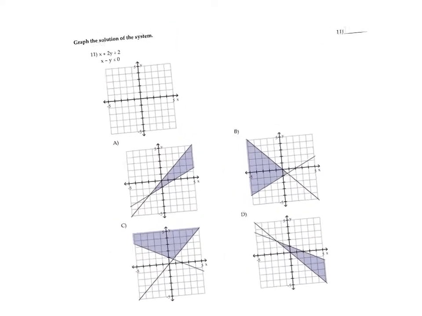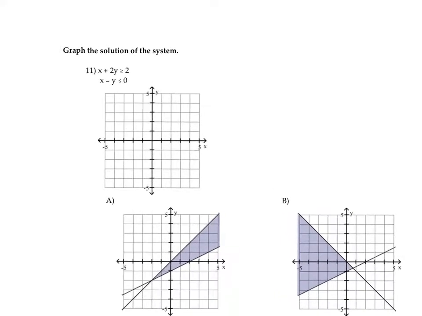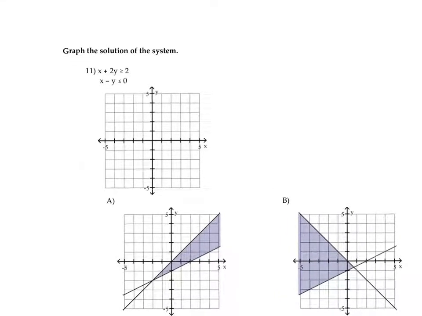Now, for question 11, we want to graph the solution of the system. So we're going to start with our top inequality, which I will do in red. Okay, so there I'm going to say x equals 0, and that would tell me that 2y equals 2.